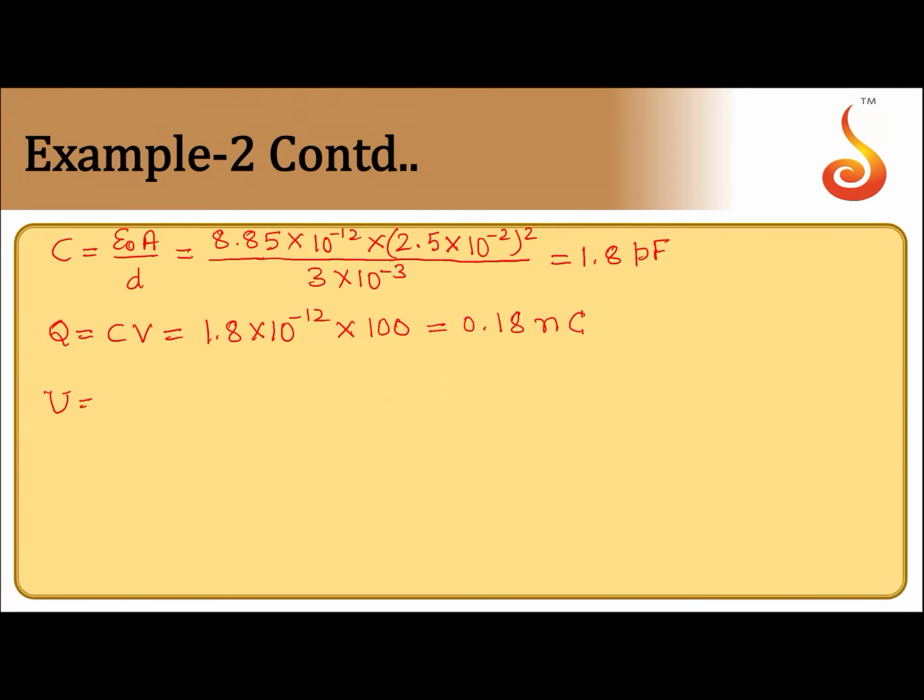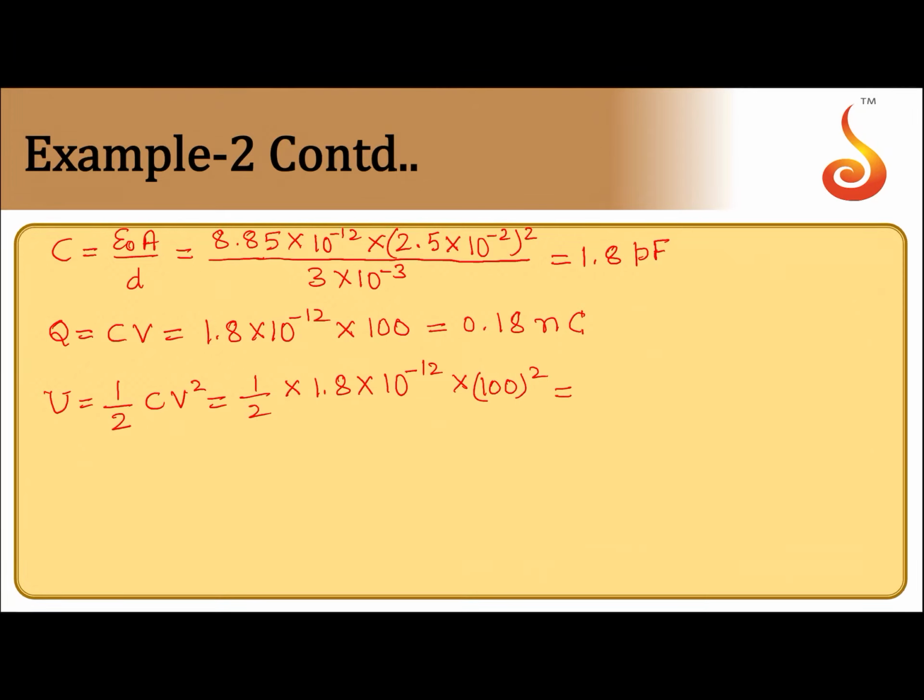Then they have asked you to calculate energy stored in the capacitor. We know that energy stored is half CV square. So it should be half into 1.8 into 10 power minus 12 into V is 100 square.